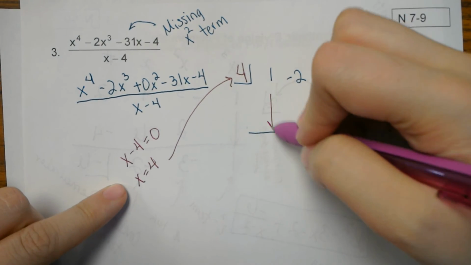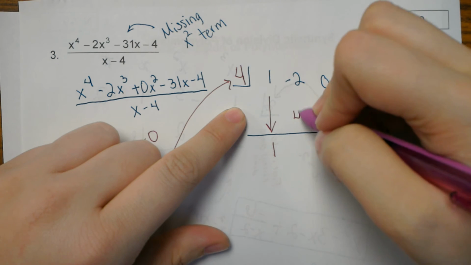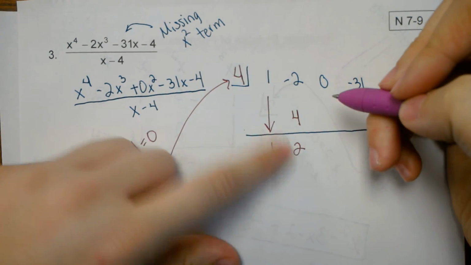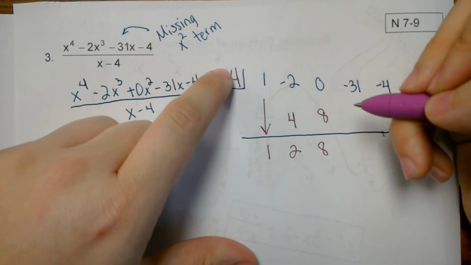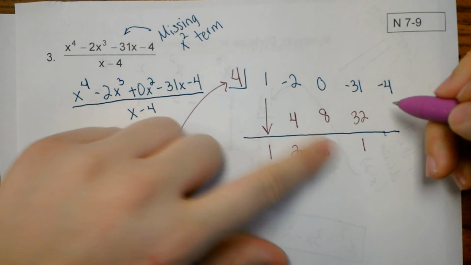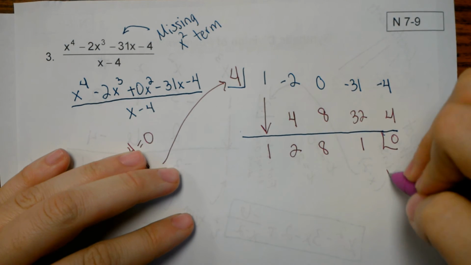So I'm going to drop my first number, multiply, add, multiply again, add, multiply, add, multiply, and I get a remainder of 0.